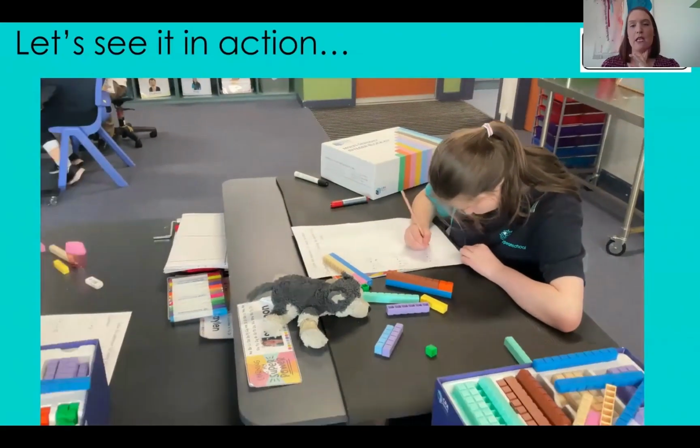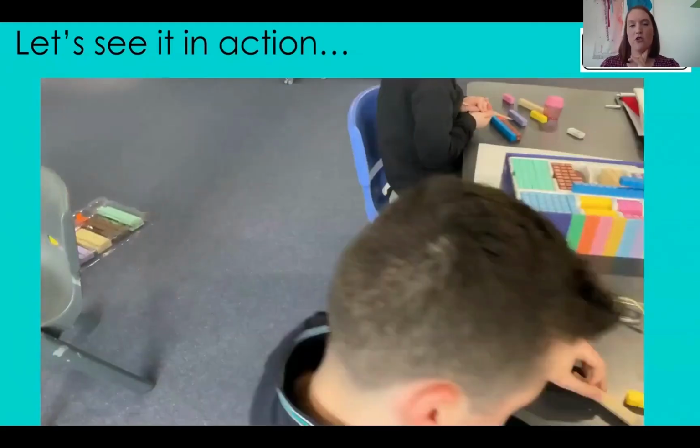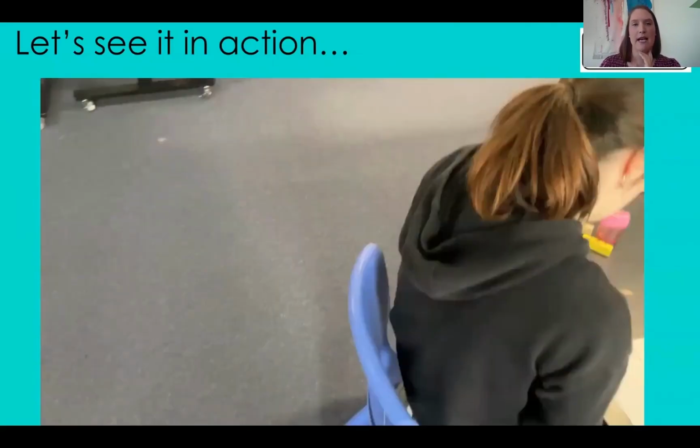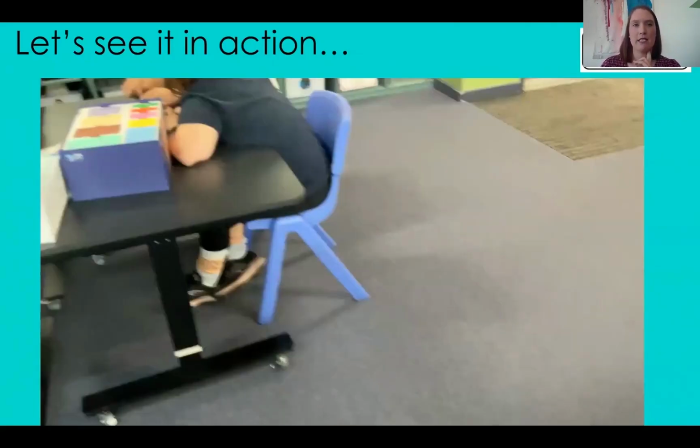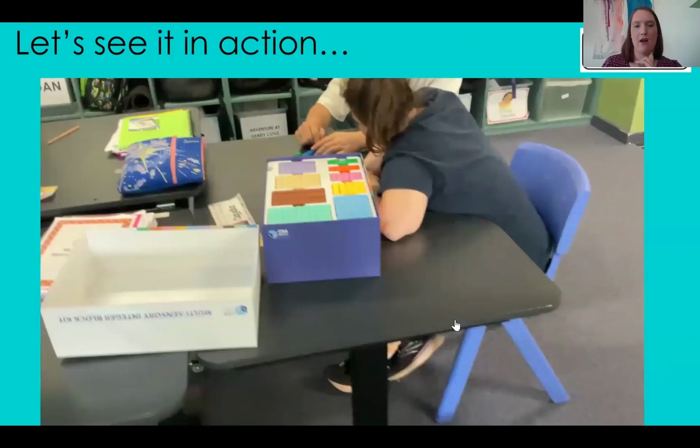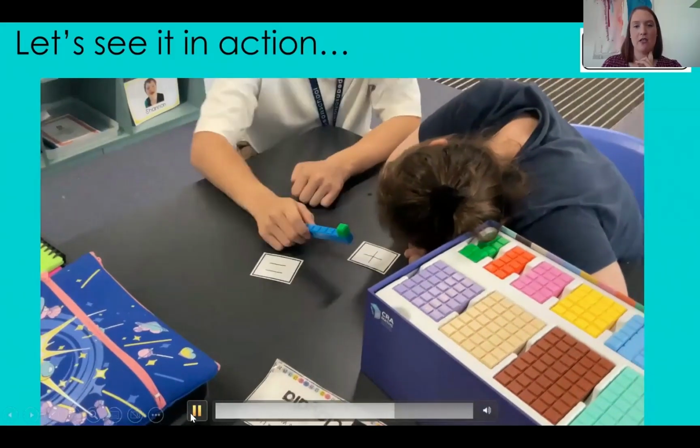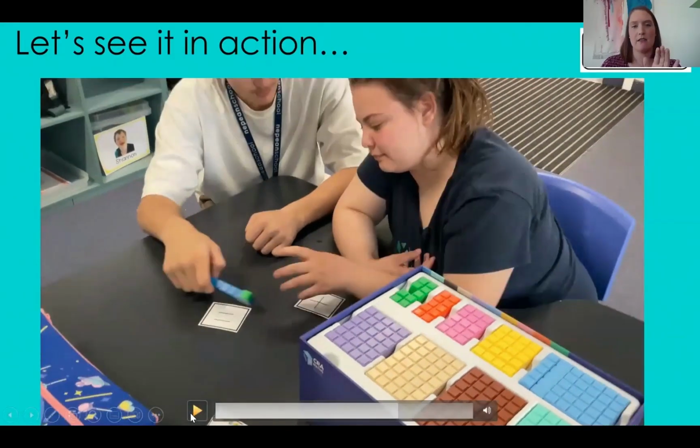Students who previously had not enjoyed maths either and were very reluctant were now engaging. And then this student here is having one-to-one as she requires a little bit more assistance, but still using the student kits.